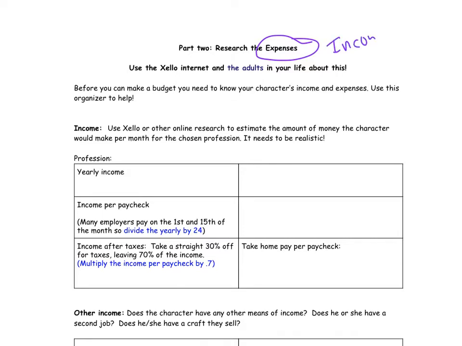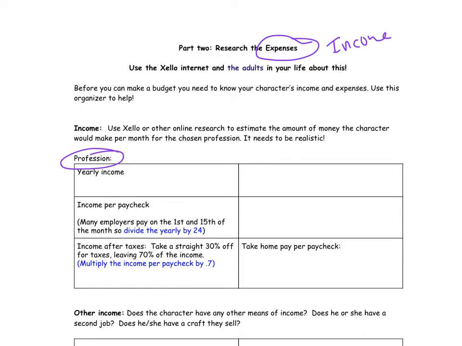Because hopefully you have, I feel like I'm using that word hopefully too much, you have decided on your profession. Is your character a maintenance worker? Do they work at McDonald's? Are they a teacher? Are they a marine biologist? What are they doing?